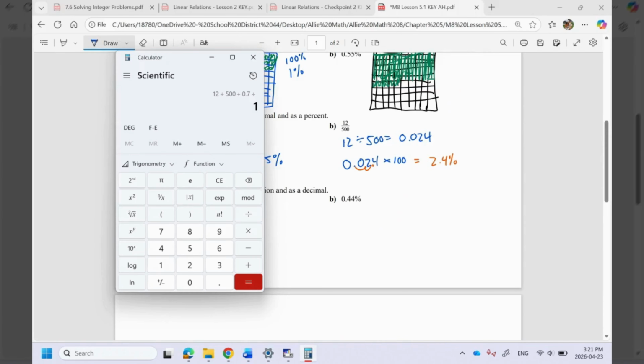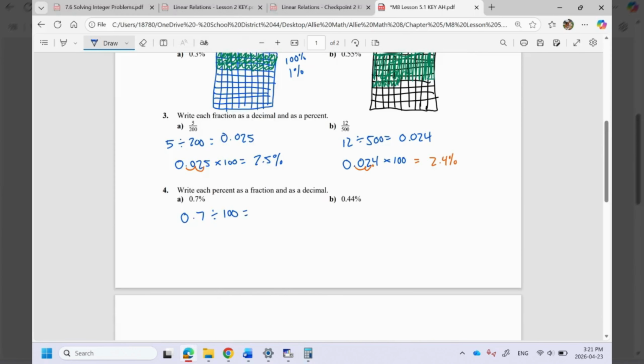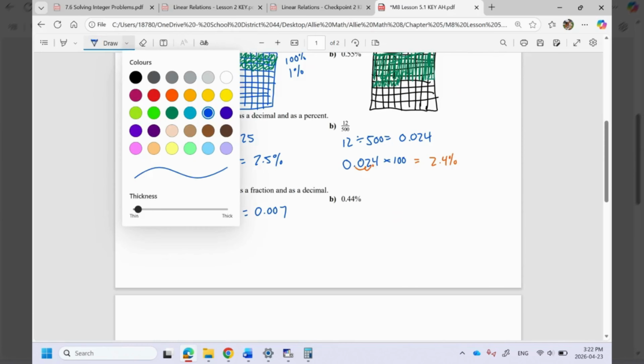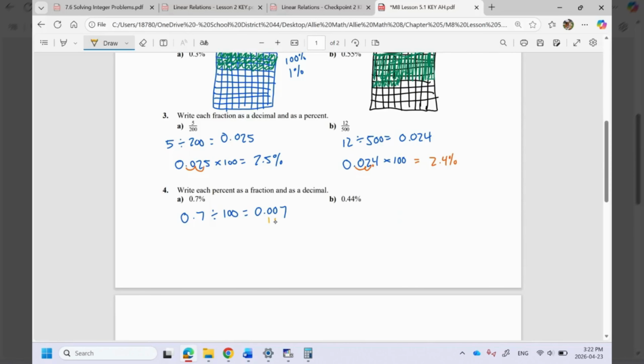And we get 0.007. And now here is where we look at the place values. This is our tenths spot, remember? This is our hundredths. This is our thousandths. So we have 7 over 1,000 as a fraction.